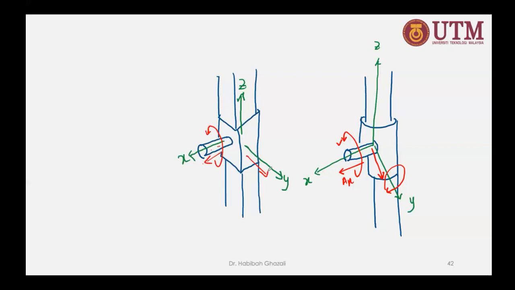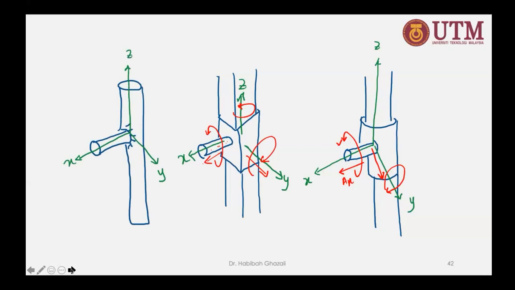This pipe is not going to move in X direction. It is also not going to rotate in Y axis. I can still move it up and down, but I cannot rotate it now. So I will have a moment reaction there. It will prevent it from rotating in Z axis.